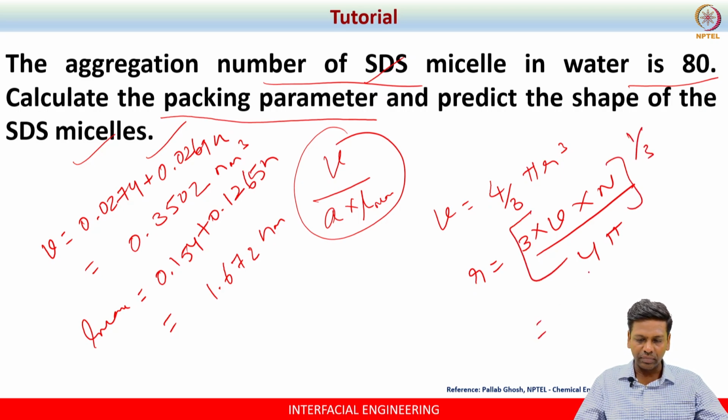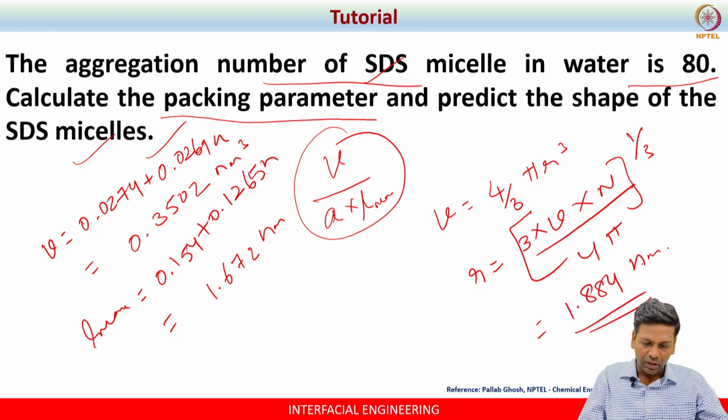So the radius here is 1.884 nanometer, right?